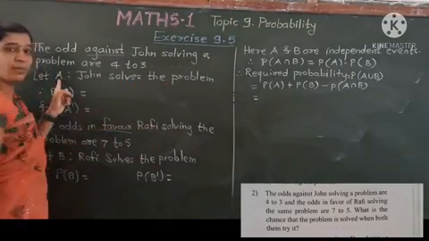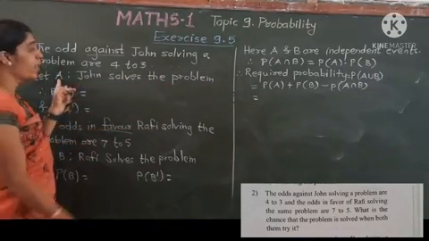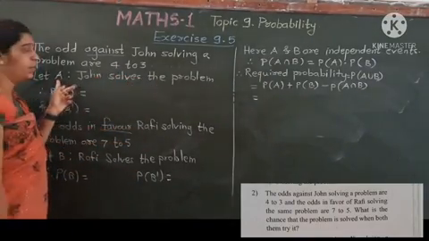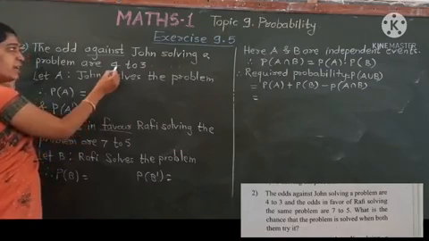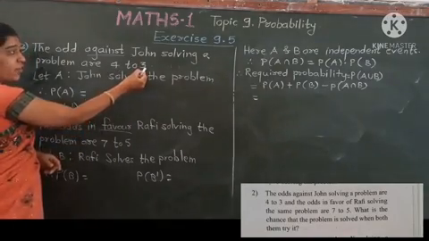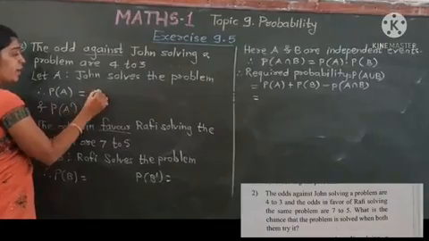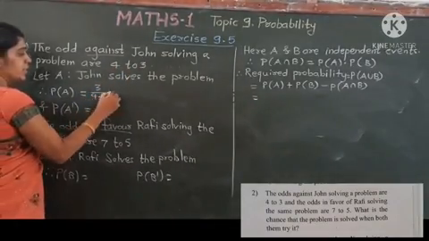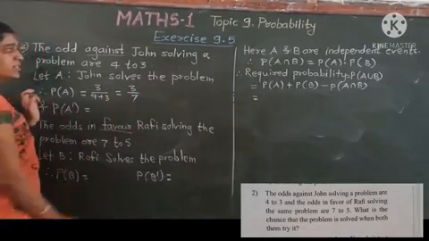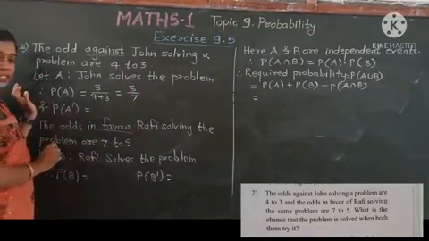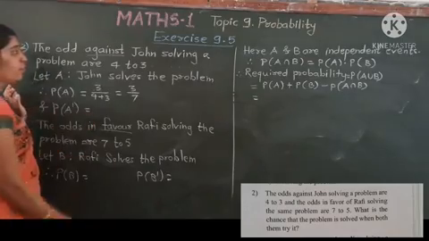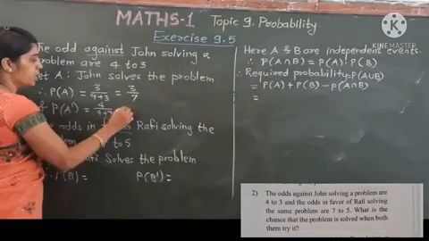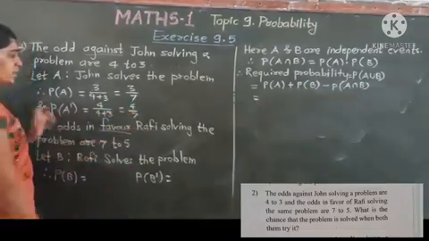John solves the problem. It is the favorable event. And what is the unfavorable event? John does not solve the problem. So here 4 is the unfavorable event and 3 is the favorable event. So P of A is here 3 upon 4 plus 3, which is equal to 3 upon 7. And what is A complement? It means John does not solve the problem, which is 4 upon 4 plus 3, equal to 4 upon 7.